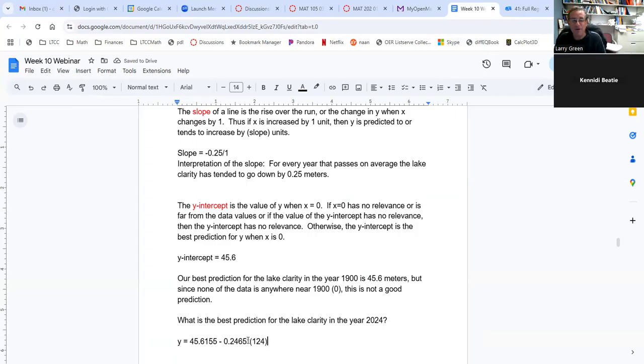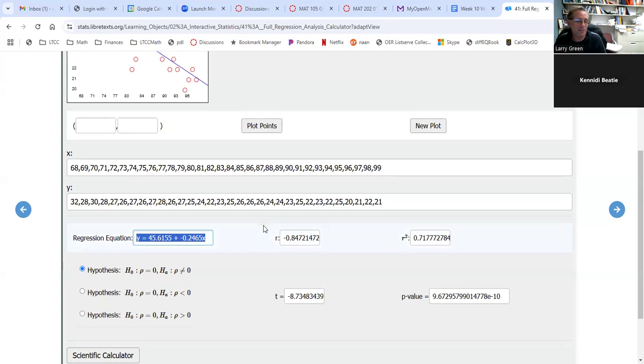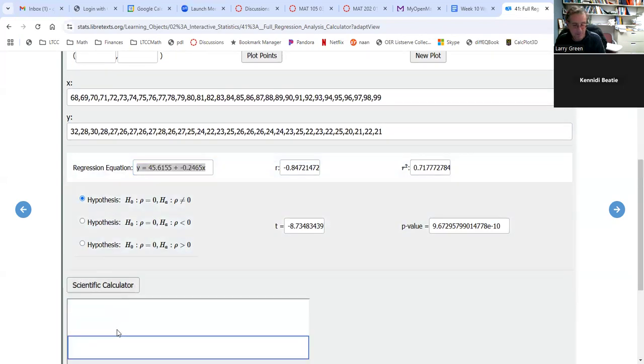And 2024 is 124 years after 1900. So there's our X value. And what we can do, I can pop this into the calculator, and it gives you about 15 meters.